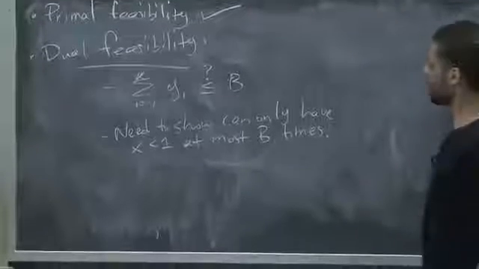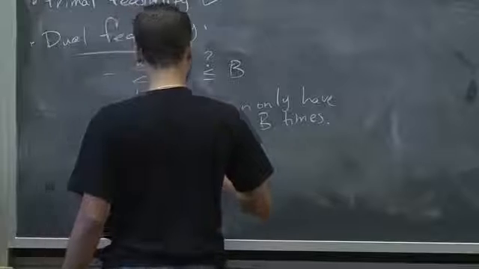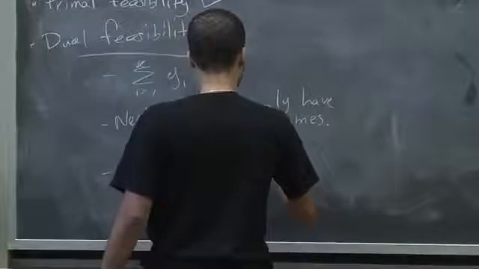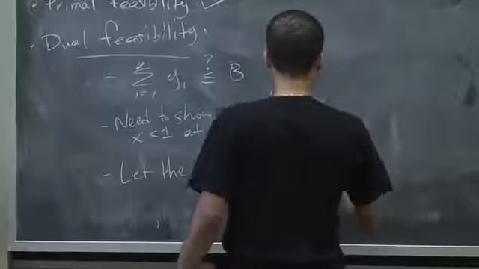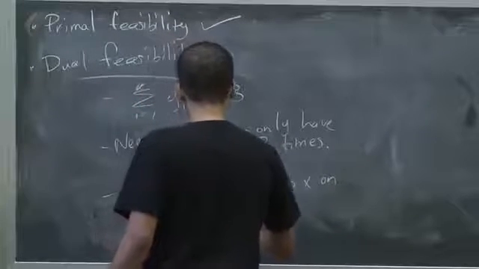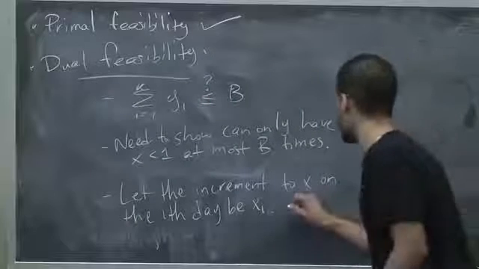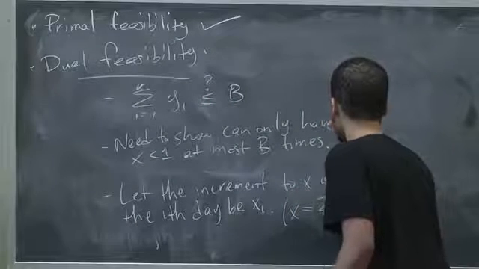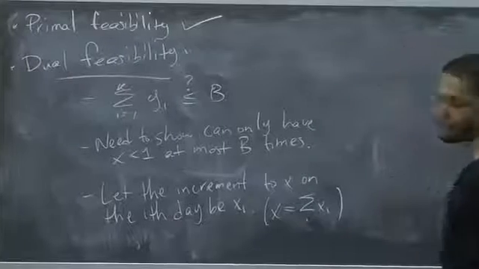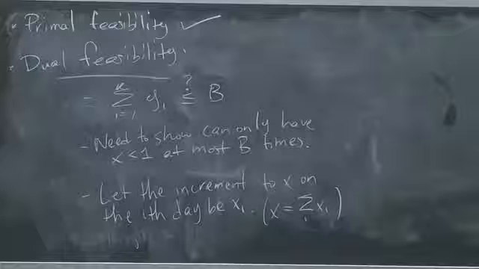Okay. So let the increment to x on the ith day be xi. In other words, x is the sum over i of xi. Right, so x starts off as 0, then we add some amount x1 to x, then some amount x2 to x.